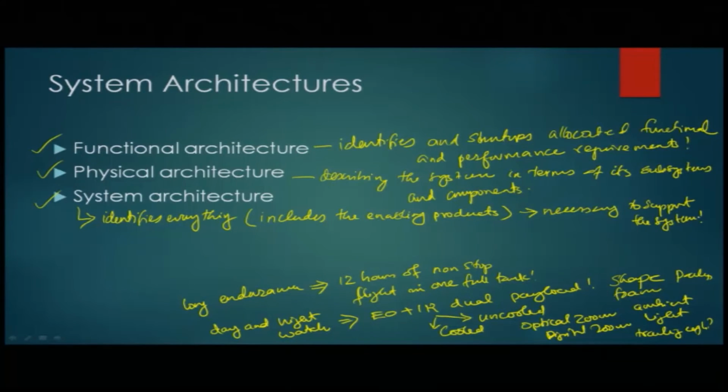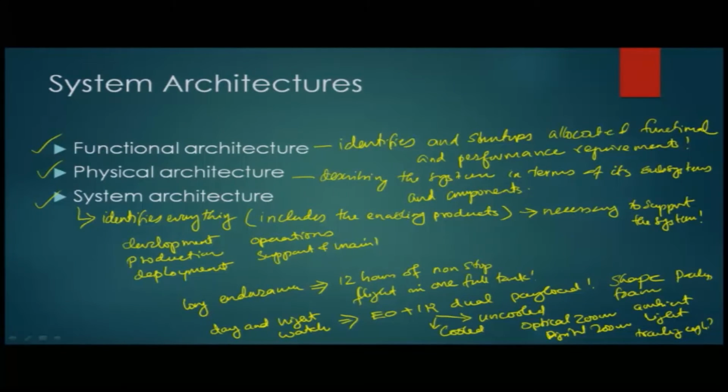What are some of the things that are necessary to support the system? You would require things in development, support systems in production, stuff in deployment, stuff during the operation of the system, there is support, maintenance, training, they are all part of this.